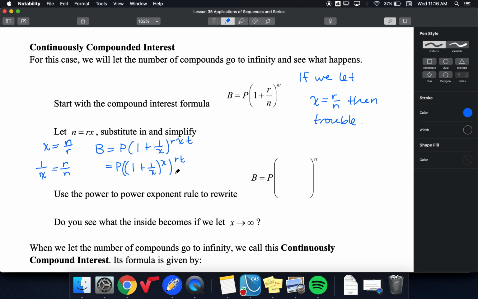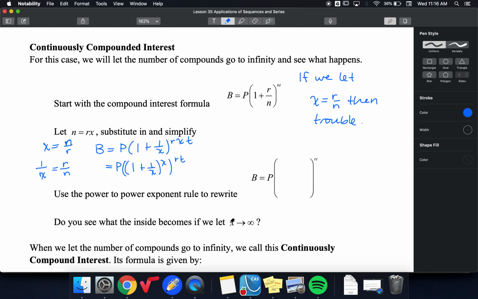The reason I'm going to do this is because I want to have just one variable that I'm manipulating as I'm letting my number of compounds go to infinity. So the reason I have to rearrange it is because in here, I'm never going to be able to isolate just one variable. So by rewriting this as one variable, I can rearrange my formula to have my x isolated.